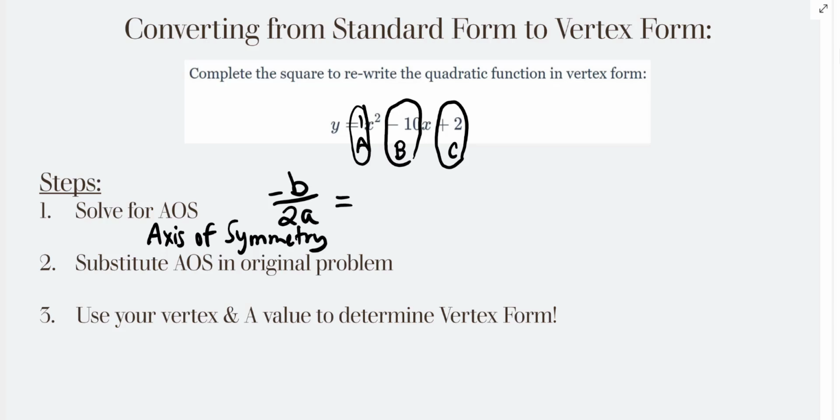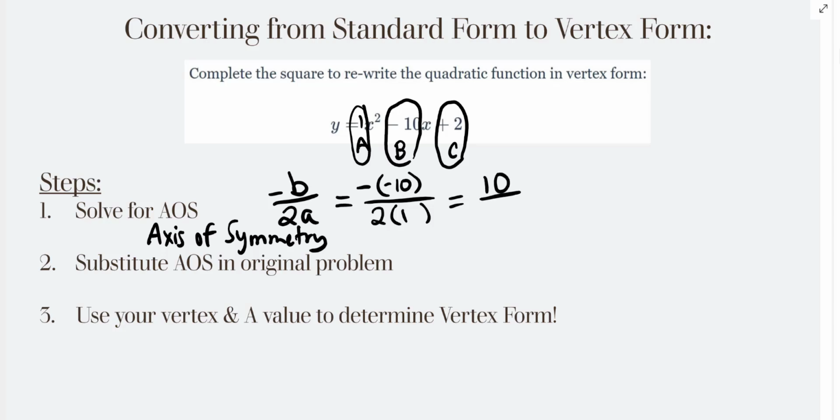So again, when I said use parentheses, this is where you're going to use parentheses. And the reason is, this is a double negative. B is already negative, so I'm substituting it here. And we can't forget that the negative is outside as well. And then A is 1. And now we simplify. A negative times a negative is positive, so that becomes positive 10.